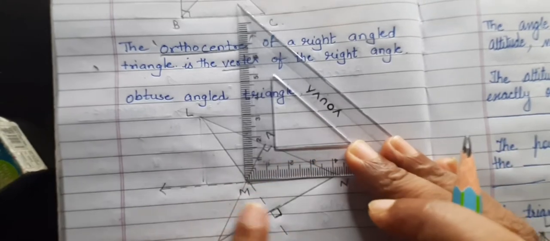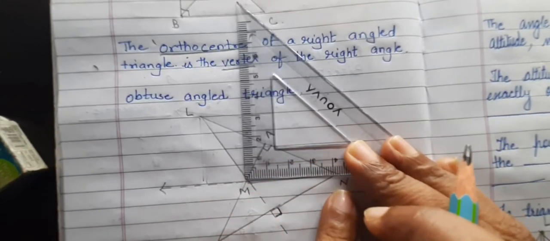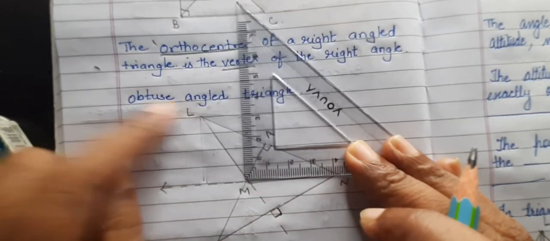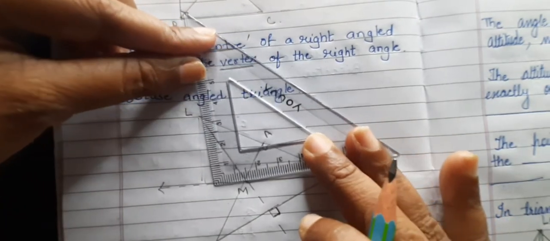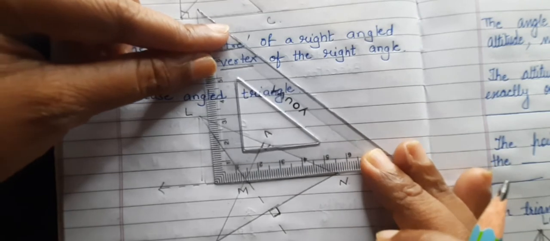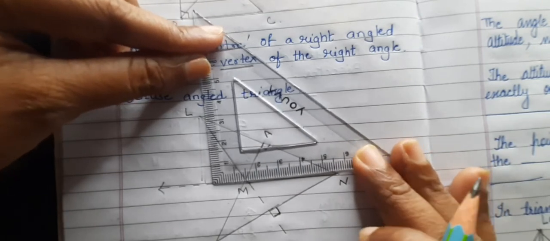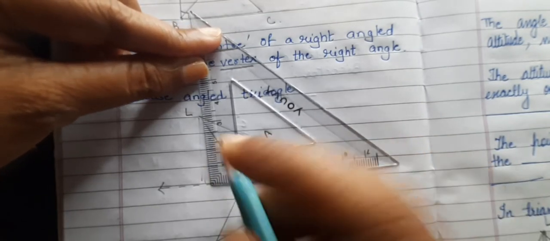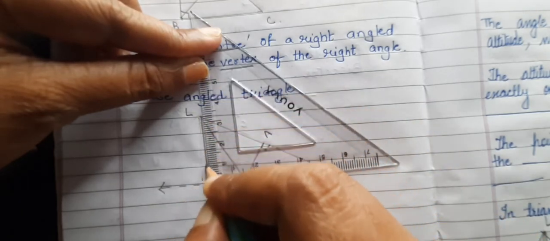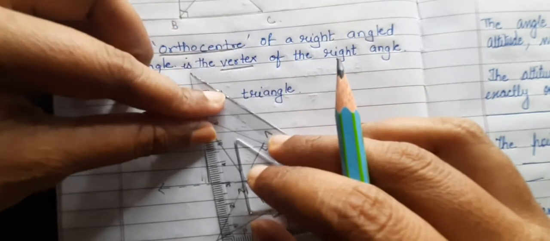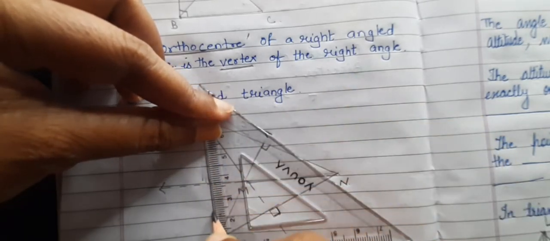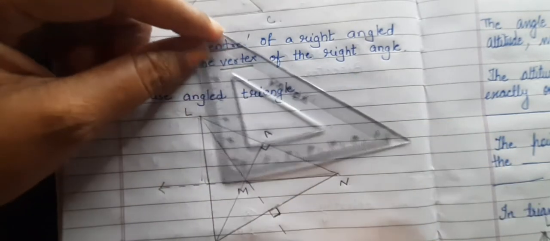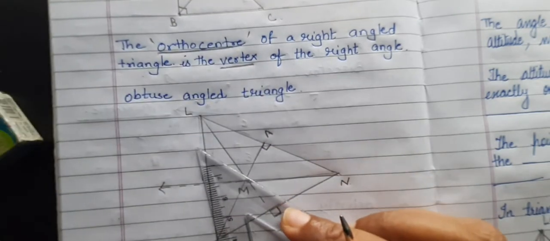So for side MN, I'll draw the altitude from point L, sliding this way, drawing a line passing through it and extending it further.